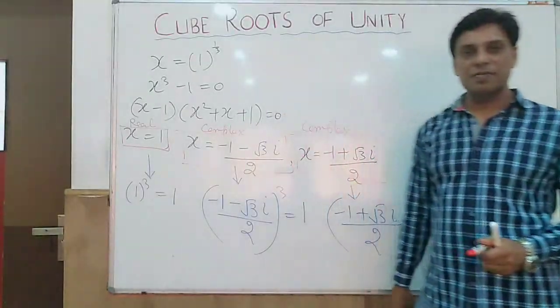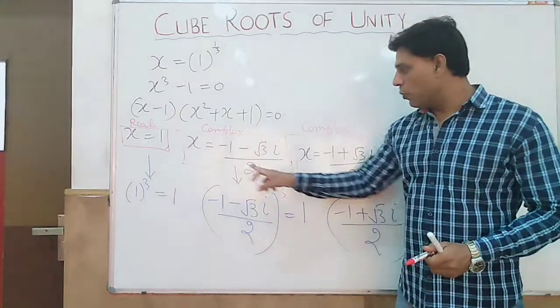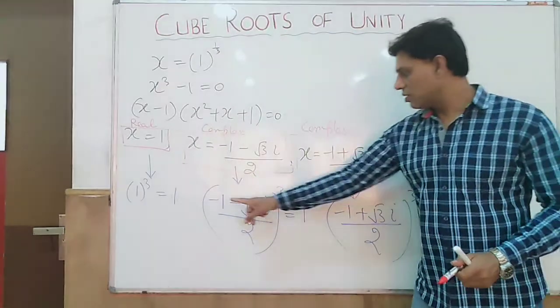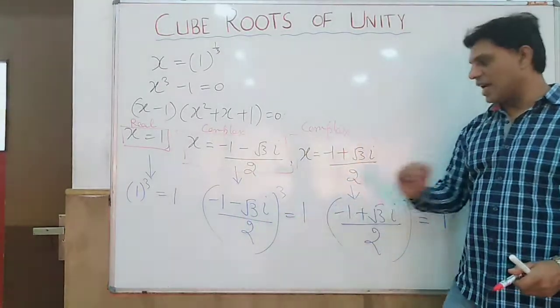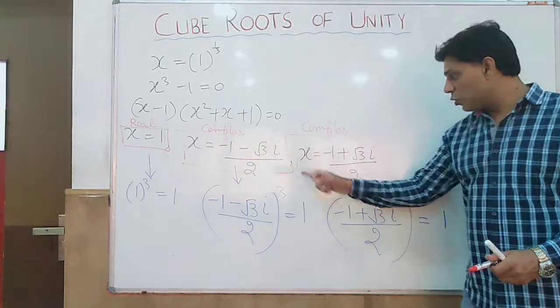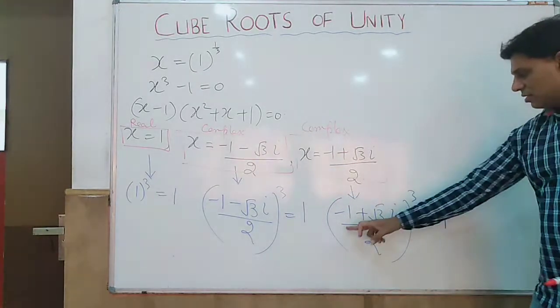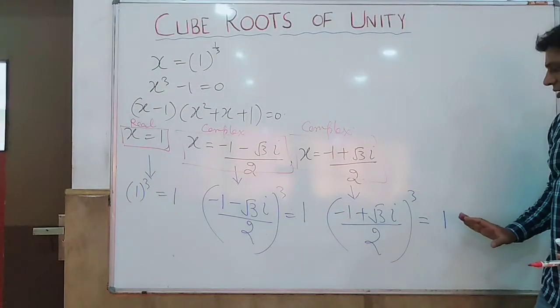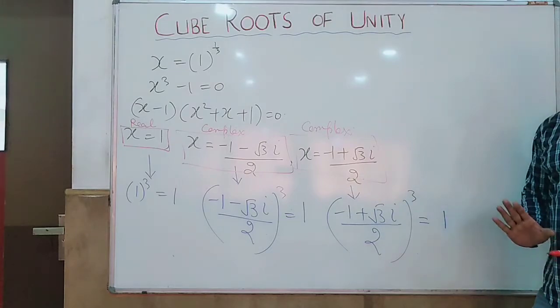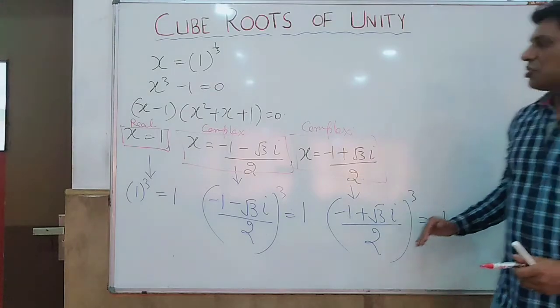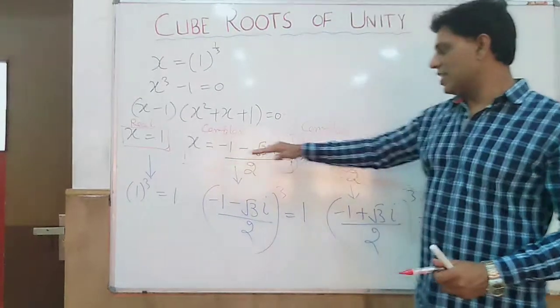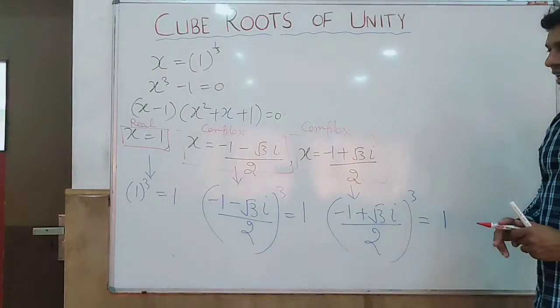Now if you cube this complex root, you will get 1. Similarly, if you cube this solution, you will again get 1. So there are 3 cube roots of unity. These are called the cube roots of unity.